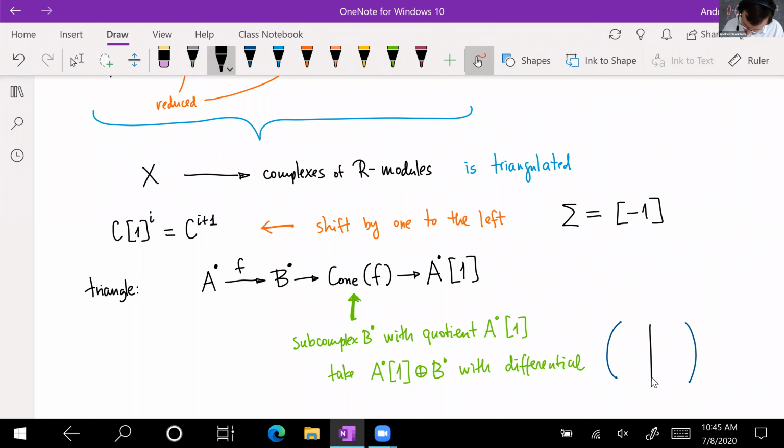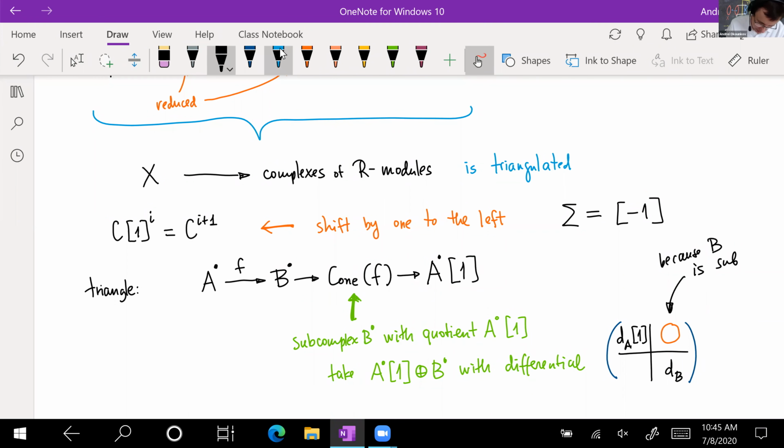Since B has to be a subcomplex, in this corner I have to have 0, because the differential has to preserve B. Then here we take just the differential of B. Here we take the differential of A, but shifted by 1.